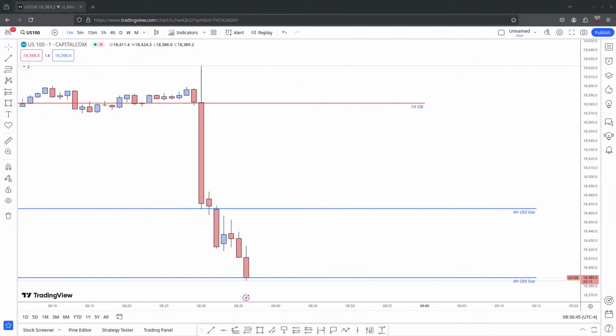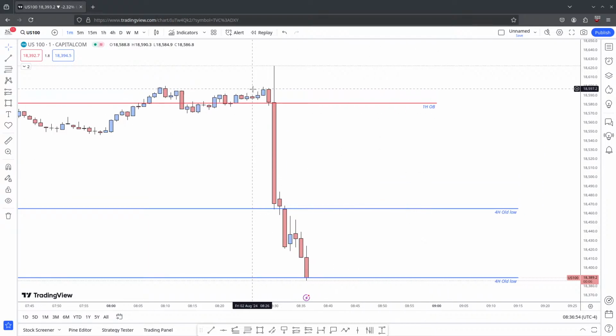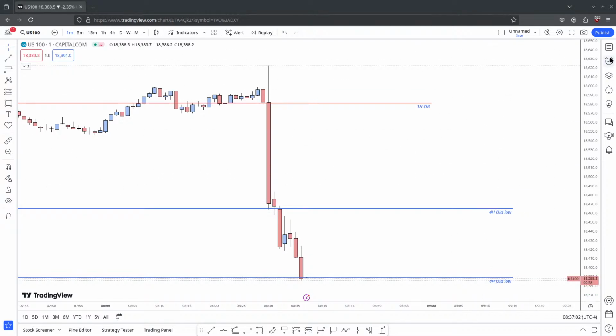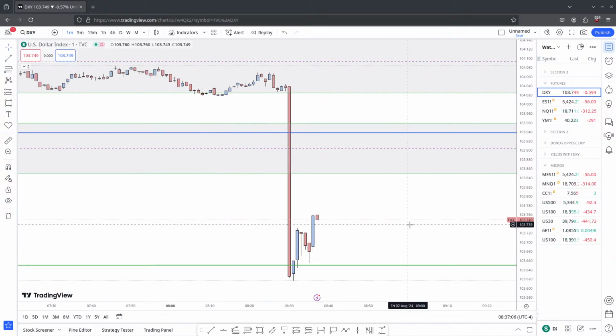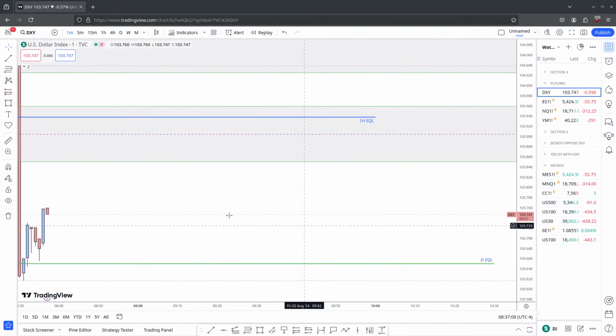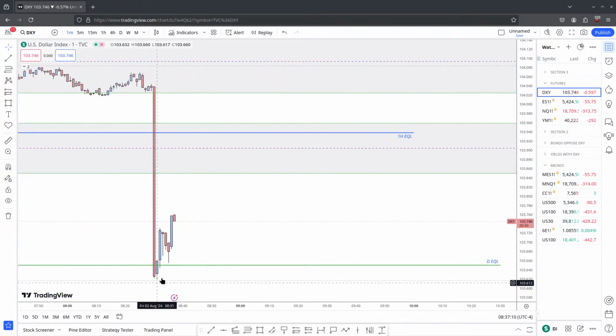Taken out. So really, really nice last push down lower. Dollar index, it's holding this daily equal low. It's holding that level so far, pushed away from that level.